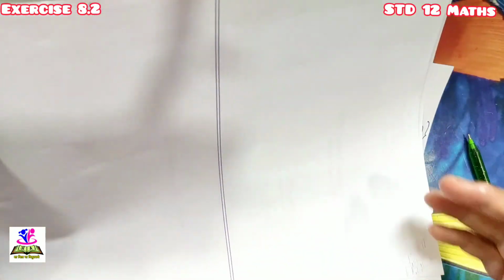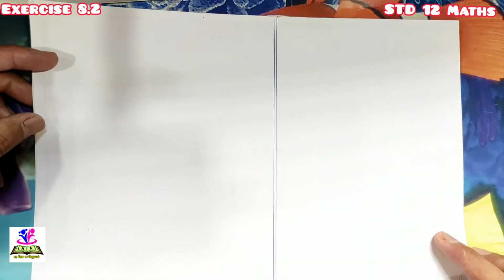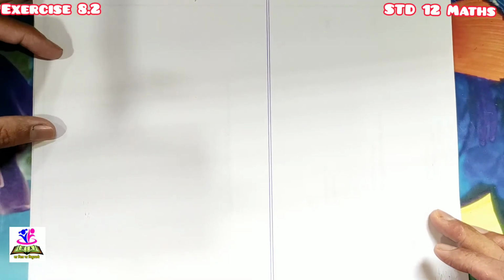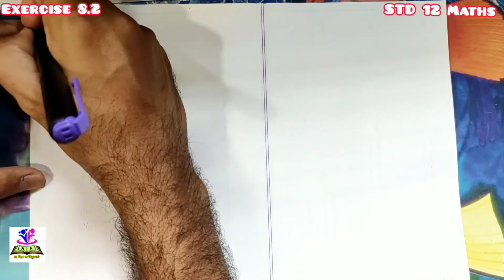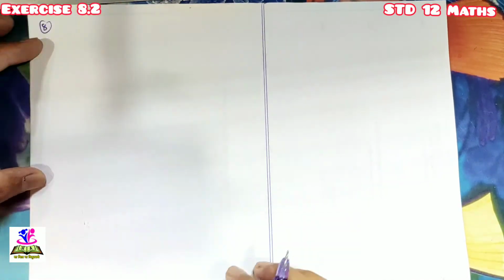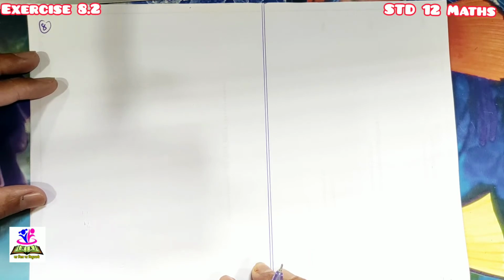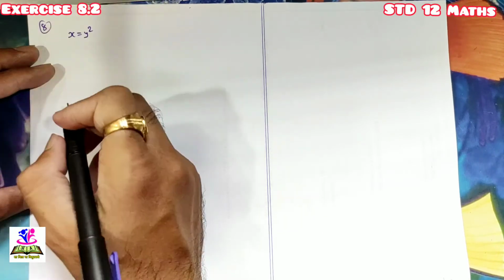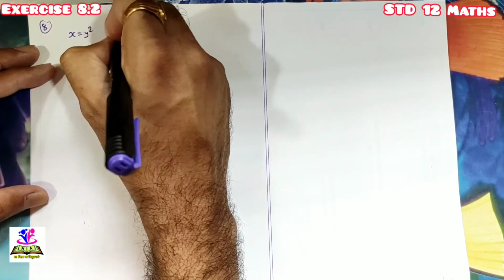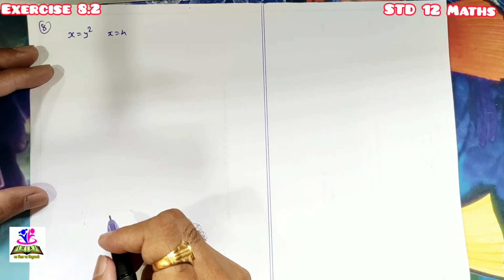Question number 8. Find the area between the curves x equal to y square and x equal to 4.